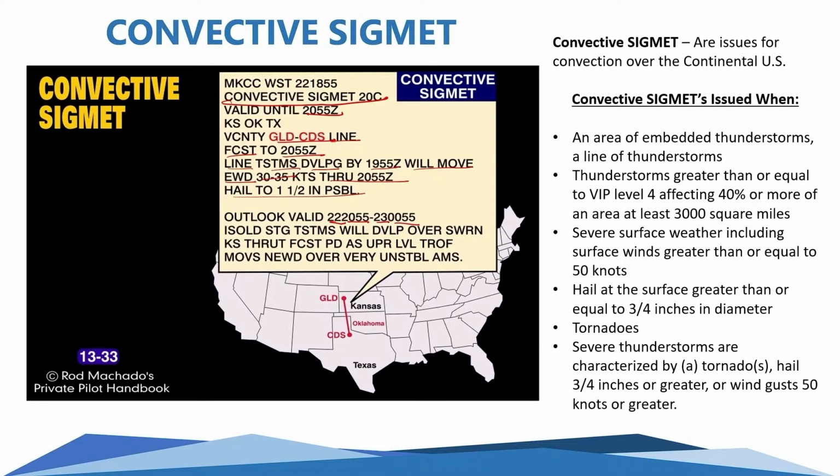So this would be issued if we have an area of embedded thunderstorms, or a line of thunderstorms like we see in the example here. Thunderstorms greater than or equal to VIP level 4, affecting 40% or more of an area, at least 3,000 square miles. VIP level 4 is an old term. It stands for Video Integrator Processor Level.